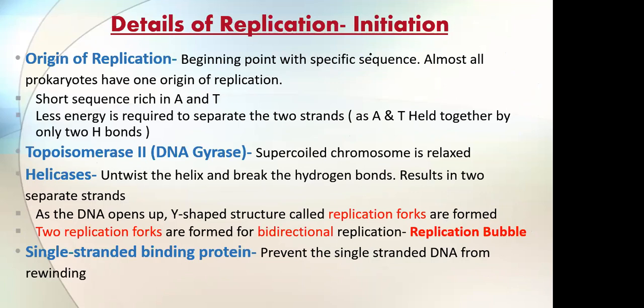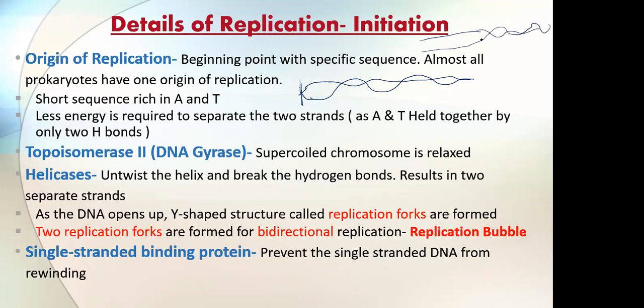Now, a few more details you need to know. I hope you can understand that. So this was the DNA. At a certain point, it needs to open up, right? Let's say DNA replication needs to start from here. When it opens up, it looks like this.